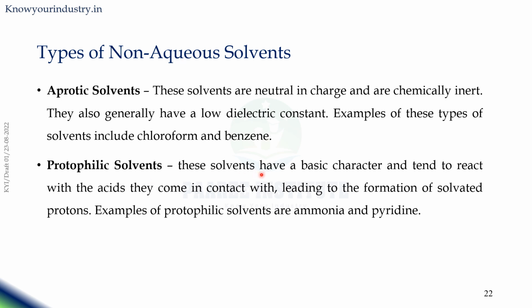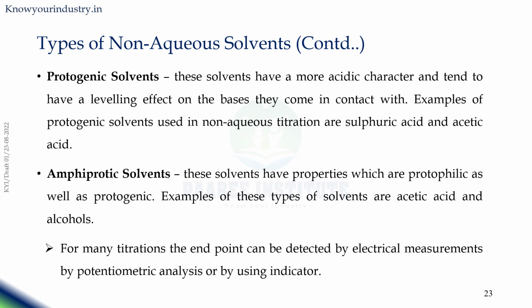Protophilic solvents have a basic character and tend to react with the acids they come in contact with, leading to the formation of solvated protons. Examples are ammonia and pyridine. Protogenic solvents have a more acidic character and tend to have a leveling effect on the bases they come in contact with.